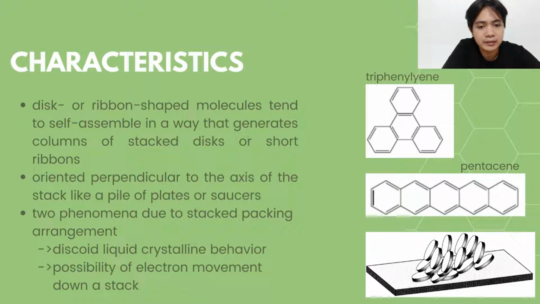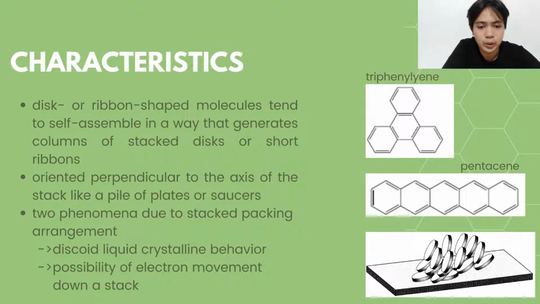A property of many disc or ribbon shaped molecules is their tendency to self-assemble into columns of stacked discs or short ribbons. The molecules in each stack may be oriented perpendicular to the axis of the stack, as if they were plates or saucers, or they may be tilted.